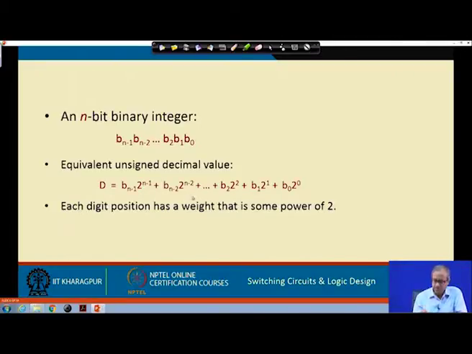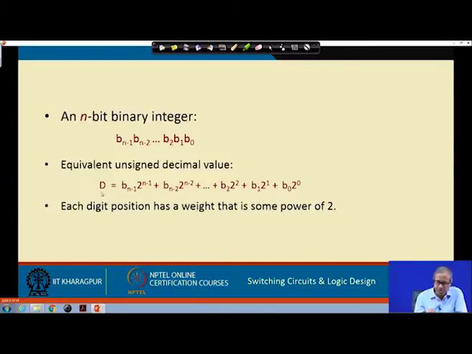Now, this we have already talked about earlier; I am showing it in a mathematical form. Let us say I have an n bit binary number, an integer with no fractional point, where the digits are represented as B0, B1, B2 up to Bn minus 1. B0 is the least significant bit position and Bn minus 1 is the most significant bit position. The weights will be 2 to the power 0, 2 to the power 1, 2 to the power 2 and so on.